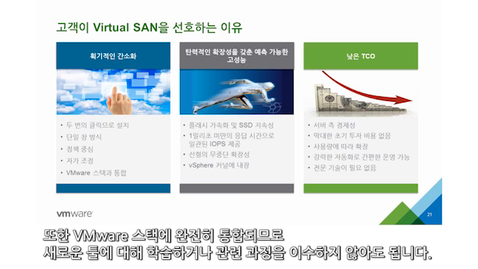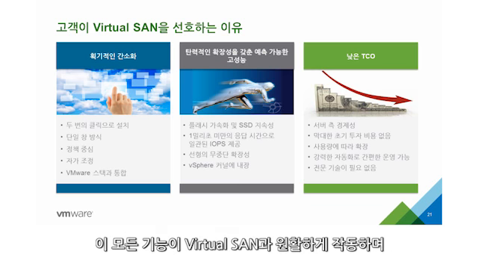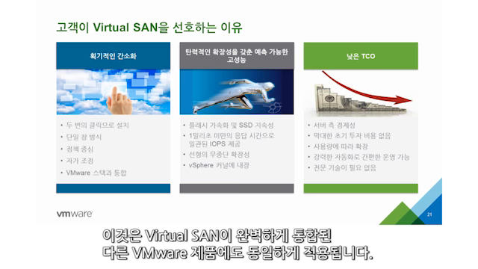You don't need to learn new tools, and of course, it is completely integrated with the VMware stack. So if you're using features like vMotion, HA, and different vSphere features, all of those work seamlessly with vSAN, and the same goes for other VMware products which vSAN integrates with completely.